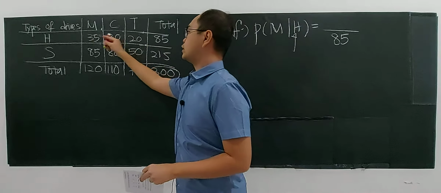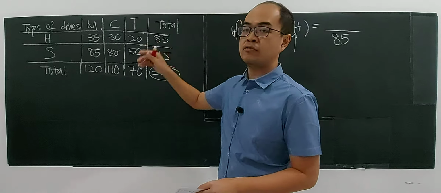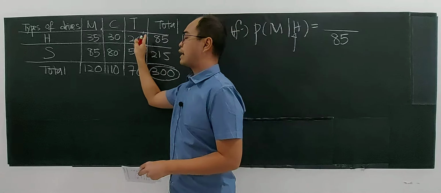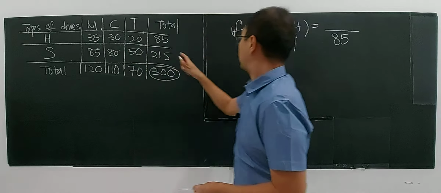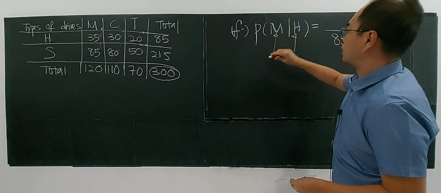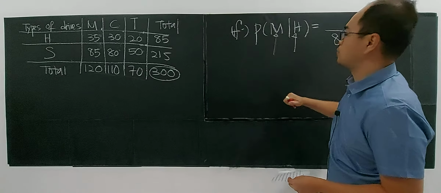Out of these three, you don't look at the others because they are already given. The meaning of given is they tell you the region, and now it is Malaysian, manufactured in Malaysia.